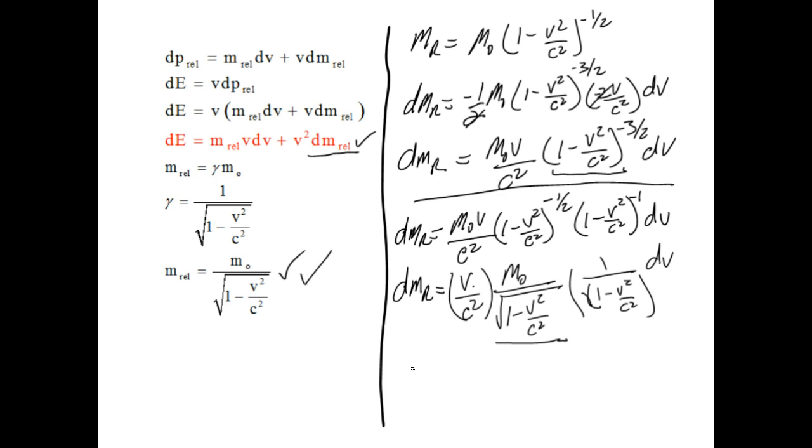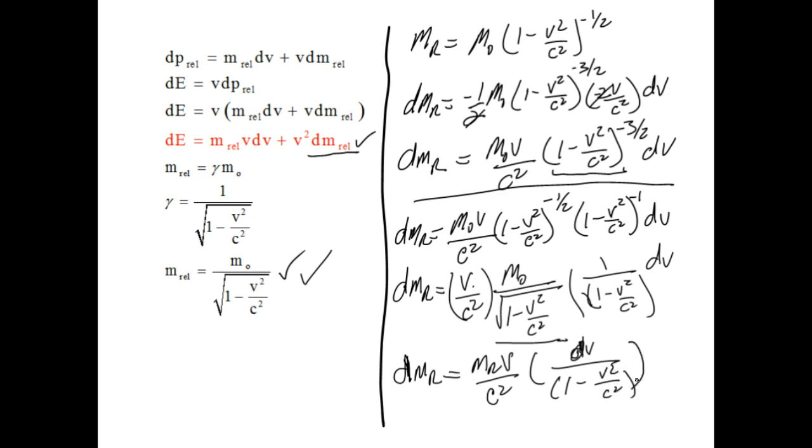So I can rewrite this equation again and call this the change in mr, my relative mass, is equal to relative mass times v divided by c squared times dv divided by 1 minus v squared divided by c squared.